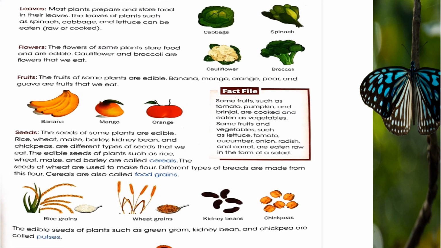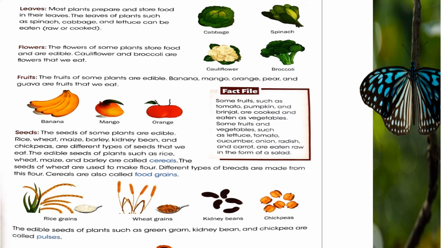Now, leaves. Most plants prepare and store food in their leaves. The leaves of plants such as spinach, cabbage, and lettuce can be eaten raw or cooked. Flowers. The flowers of some plants store food and are edible. Cauliflower and broccoli are flowers that we eat.